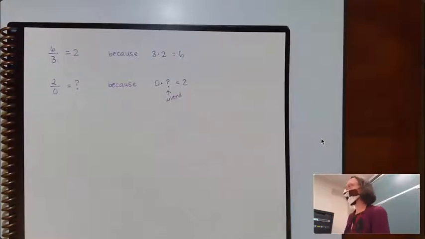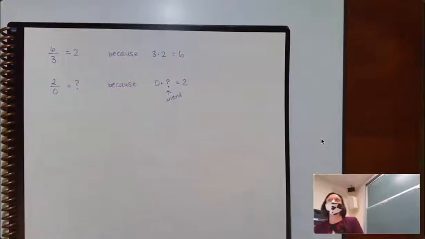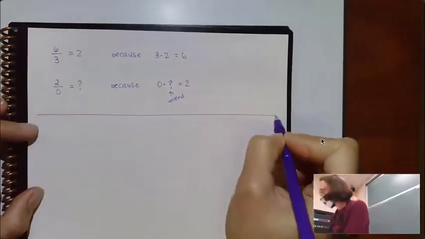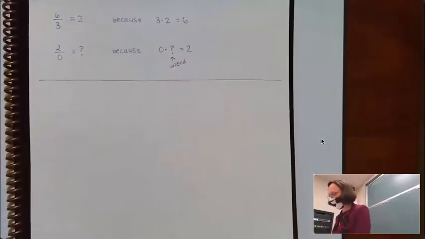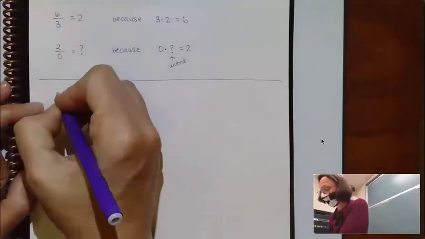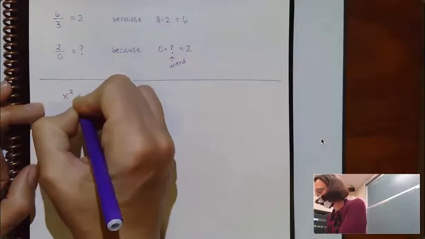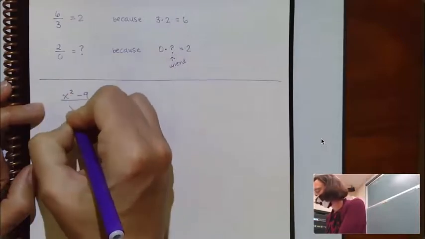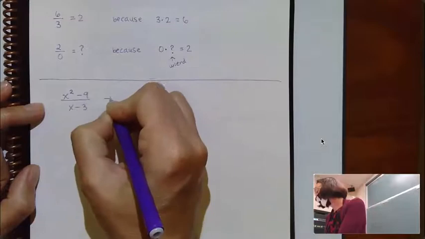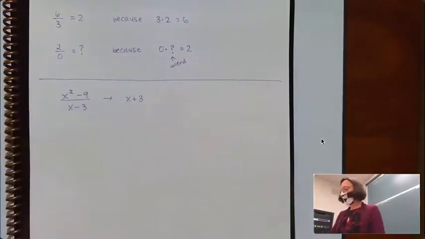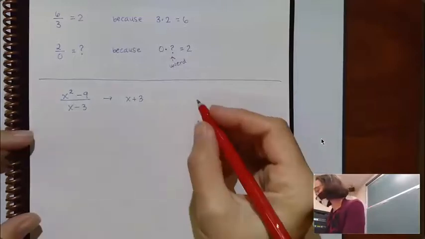Now in calculus, what we're going to do is get really, really close to 0. And when we get really, really close to 0, interesting things happen. But for now, we're just going to be practicing that if I have something that starts off as x squared minus 9 over x minus 3, and we have simplified that to be x plus 3, we're going to be careful to also include a restriction on the variable.